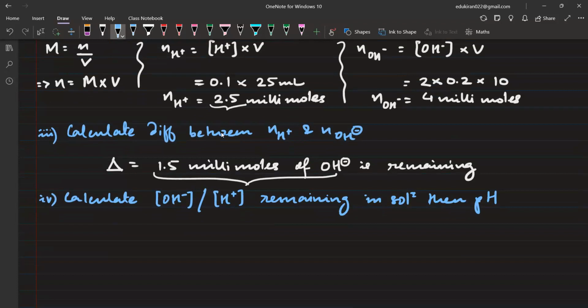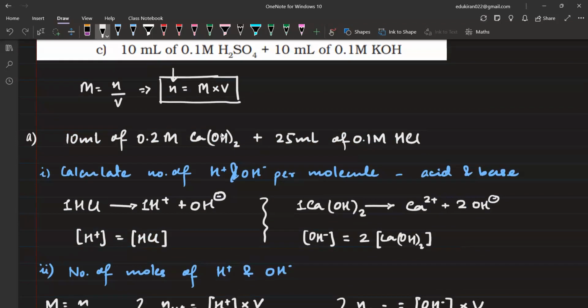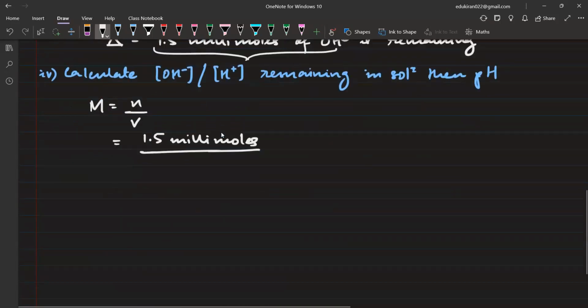Molarity is equal to number of moles divided by volume. The number of moles is 1.5 millimoles, divided by the volume of the mixture: 10 ml calcium hydroxide plus 25 ml HCl, so a total of 35 ml. Make sense till here?